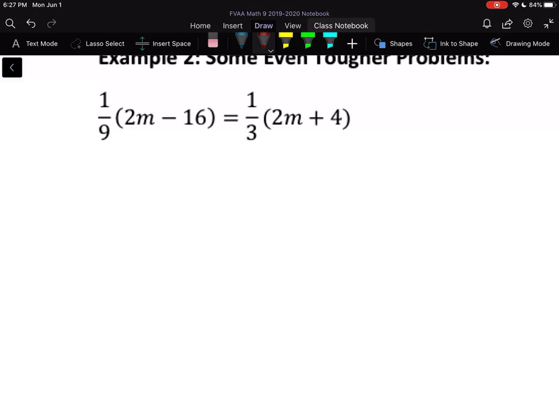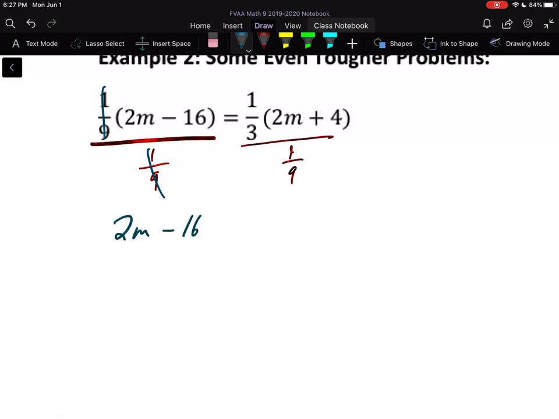Because 1 over 9 goes into 1 over 3 quite nicely, I'm going to divide both sides of my equation by 1 over 9. That's going to cancel out the 1 over 9s over here, leaving me with 2m minus 16. Again, I did not have to distribute the fraction inside of that side of the equation.